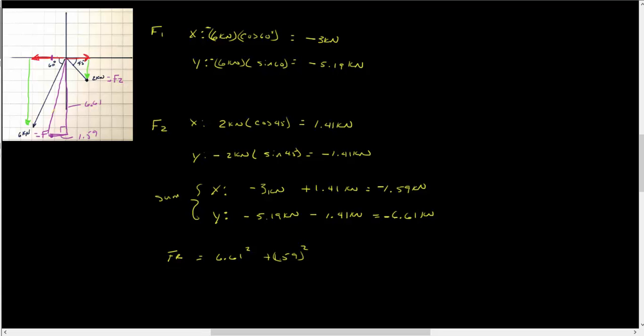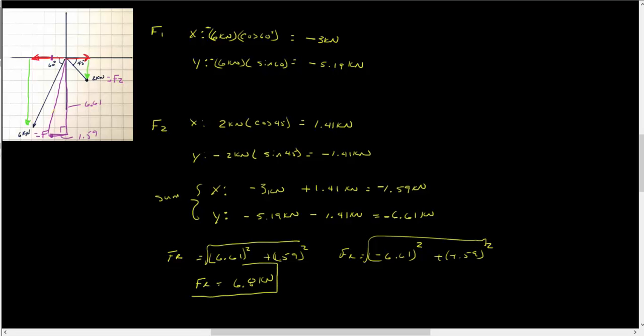Now you may say, oh, what about the negatives? Well, this is also the same as negative 6.61 squared plus negative 1.59 squared, and you're going to get the same thing. So when you plug this in, you get, not exactly, but I rounded to 6.8 kilonewtons.